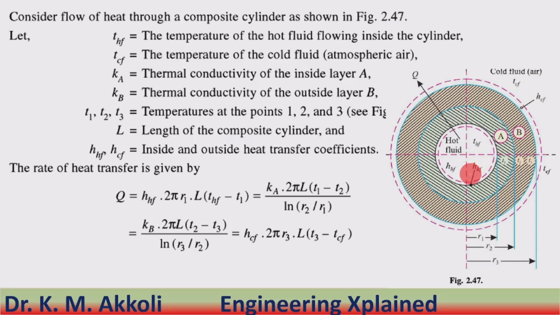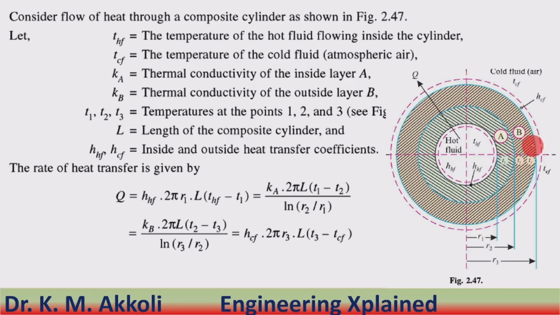And already I have mentioned HHF is the heat transfer coefficient of the inside fluid, and HCF is the heat transfer coefficient of the outside fluid. Heat is transferring from inside to the outside, and the cylinder layers have inside radius R1, the middle radius R2, and the outside radius of the second layer of the cylinder is R3, and these two layers have thermal conductivity Ka and Kb.